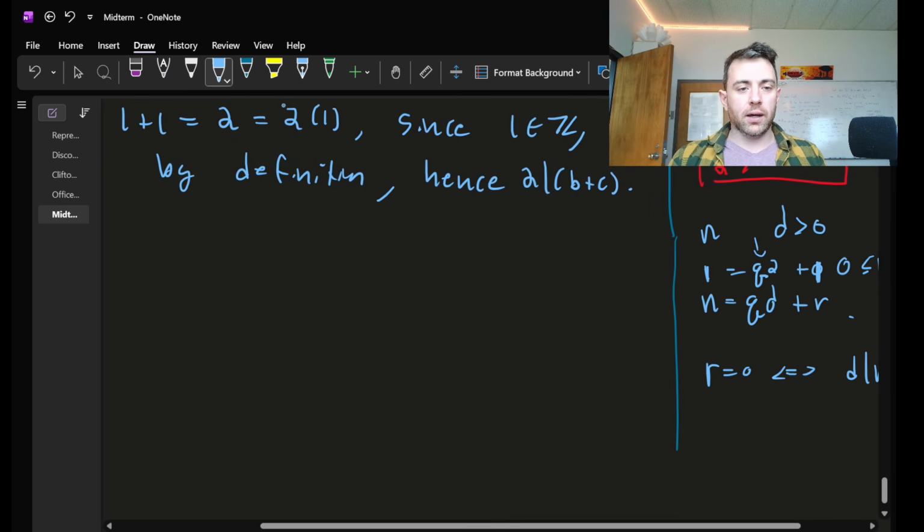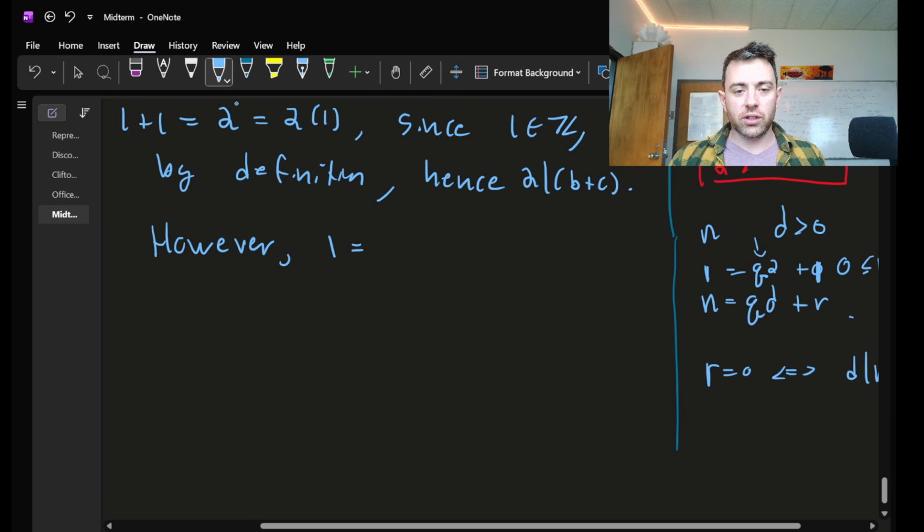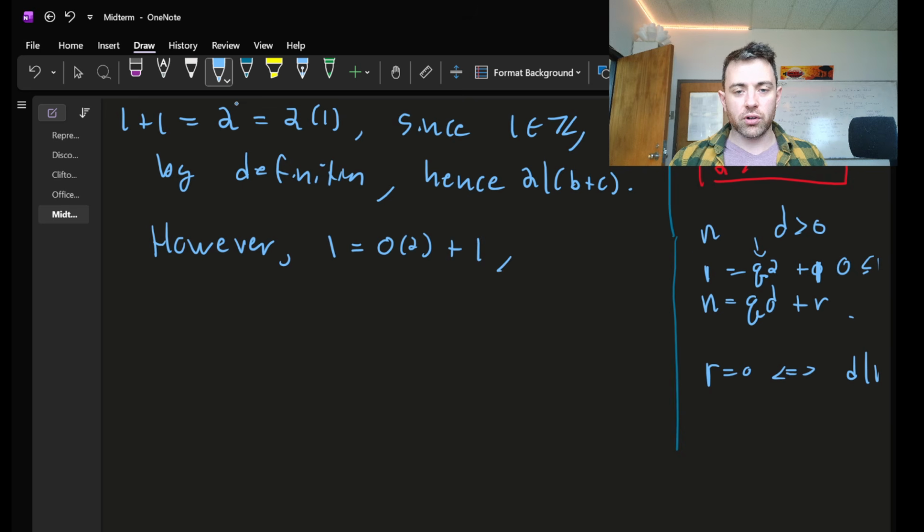So we could say something like, however, what's our divisor here? 1 is our n. 1 is equal to 0 times 2 plus a remainder of 1, where to make it clear that this is a remainder, 1 is between 0 and 2 minus 1.